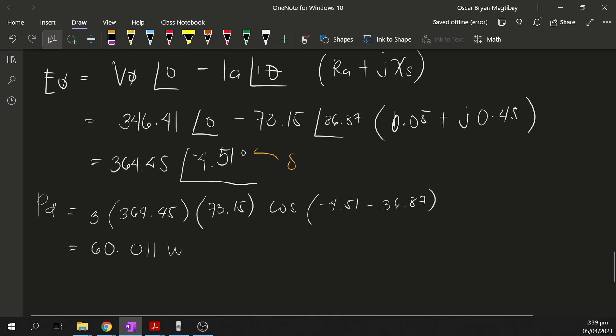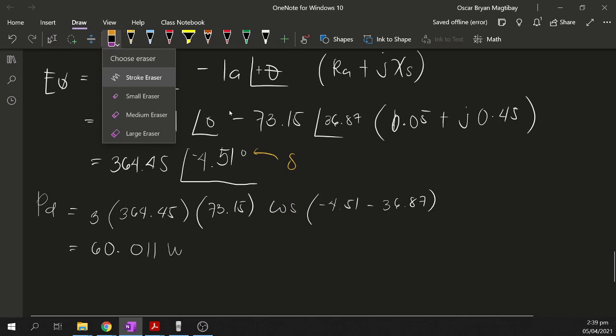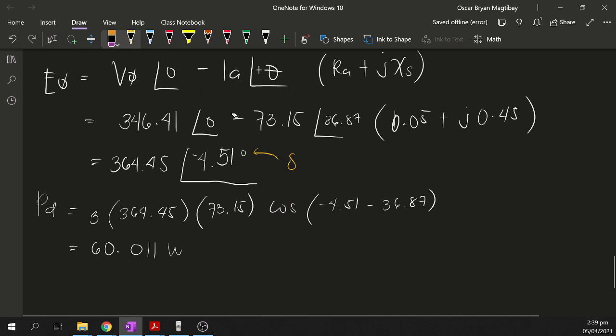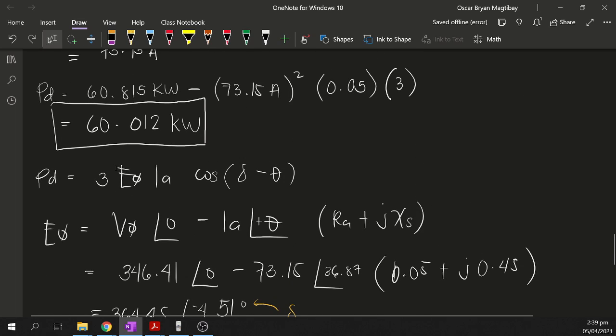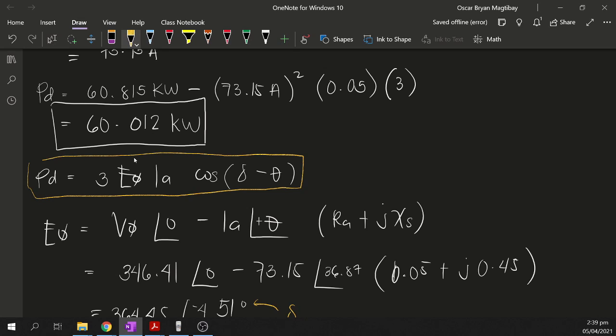60.11, sorry po. This is kilowatts. So, very, very near po yung sagot natin. So, ito yung isa nating formula. This is applicable for all entities actually.